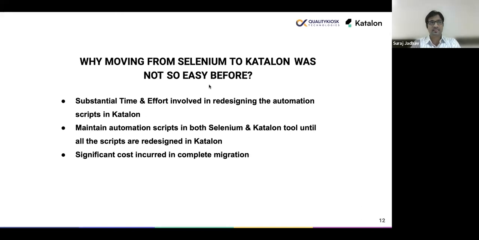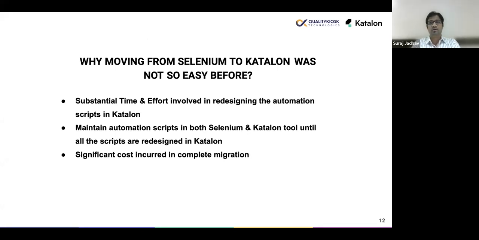So many of our clients today were really willing to move from open source to, let's say, something like Katalon, where we see that it is adding a lot of value. I'm sure with the things you heard from Gokul, you may have understood the kind of benefits Katalon brings to the table. But the challenge we were seeing while working with a few of our clients is, while the intent was there that yes, we want to move, what about the effort which has already gone into developing so many automation scripts, let's say on Selenium or any other open source stack?